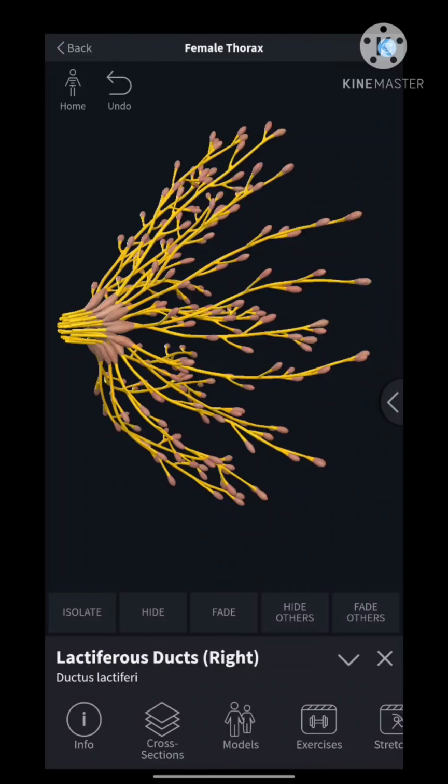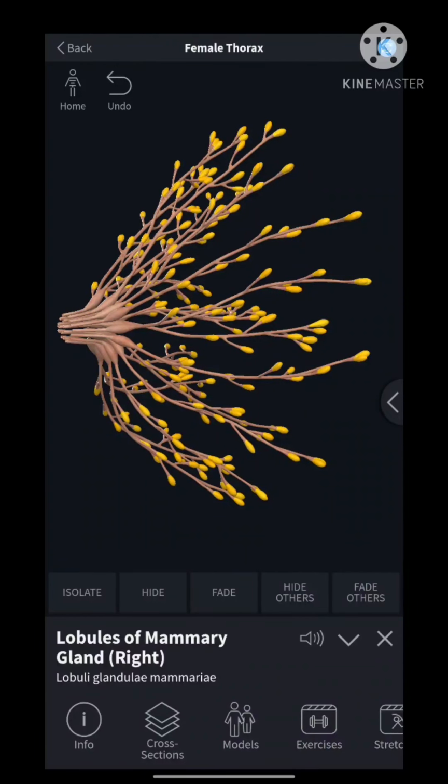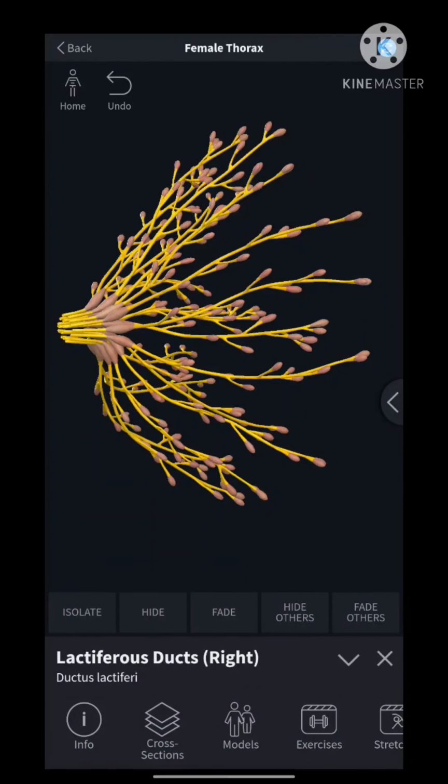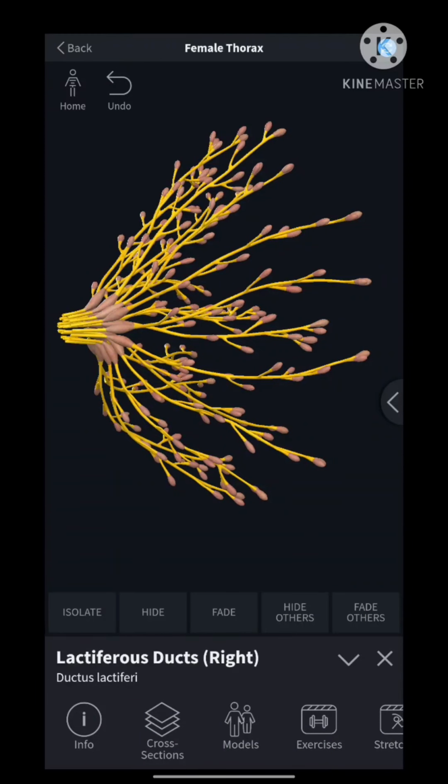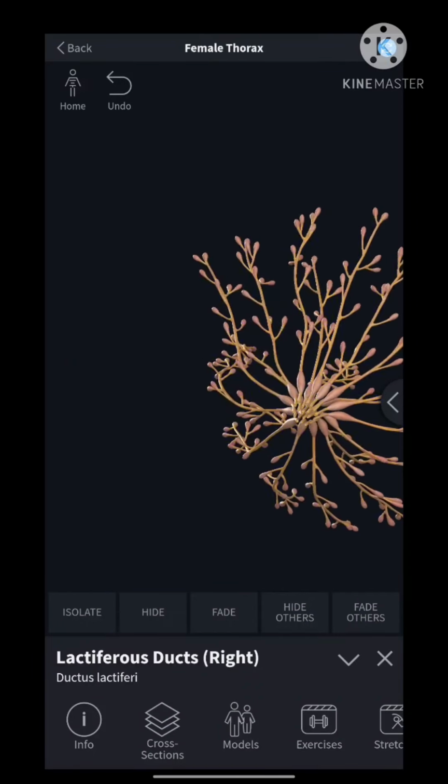So here is the alveoli, from the alveoli arises the mammary duct, from each mammary duct forms an ampulla, and from each ampulla arises the lactiferous duct, and these lactiferous ducts open into the nipple of the mammary gland, through which the baby suckles the milk out.